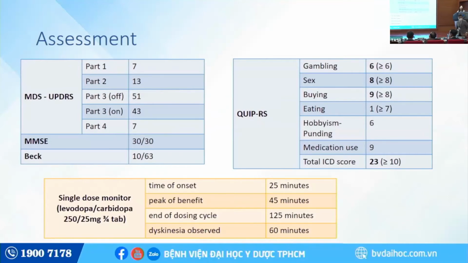I think I'd be quite worried to do it immediately because, although DBS can be used nowadays as part of the treatment for neuropsychiatric problems, this is a patient who has an ICD score, QUIP-RS 23, and a depression scale as well, which is 10, is it? The max depression. So I would normally reduce the dopamine agonist until the neuropsychiatric symptoms are quite well controlled first.